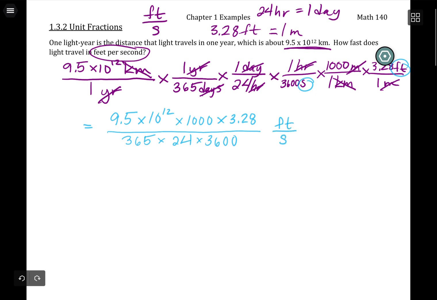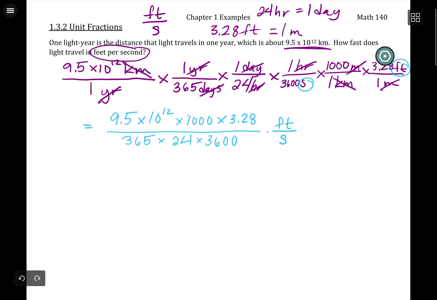It is always okay to move the units in and out of the big fraction. That's multiplication, so we can separate them off or put them back in, so I'm just choosing to separate off right now. And then this is a big messy calculation.